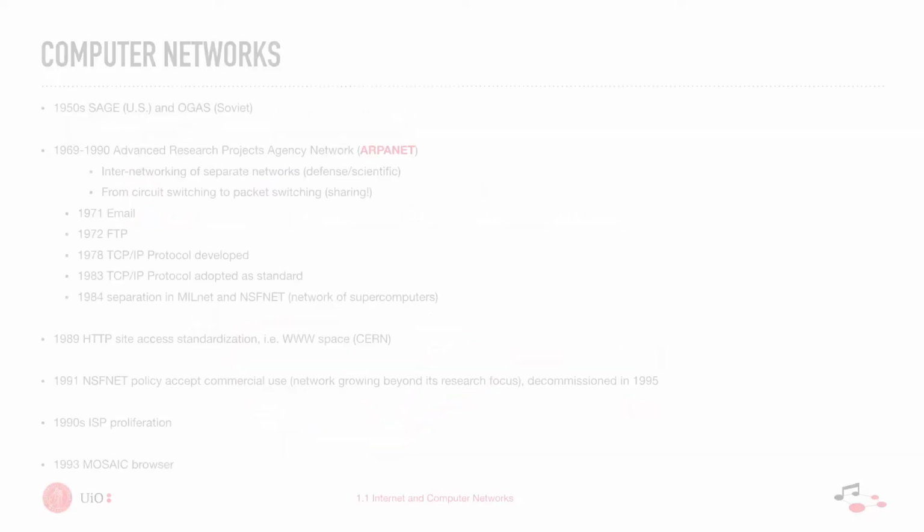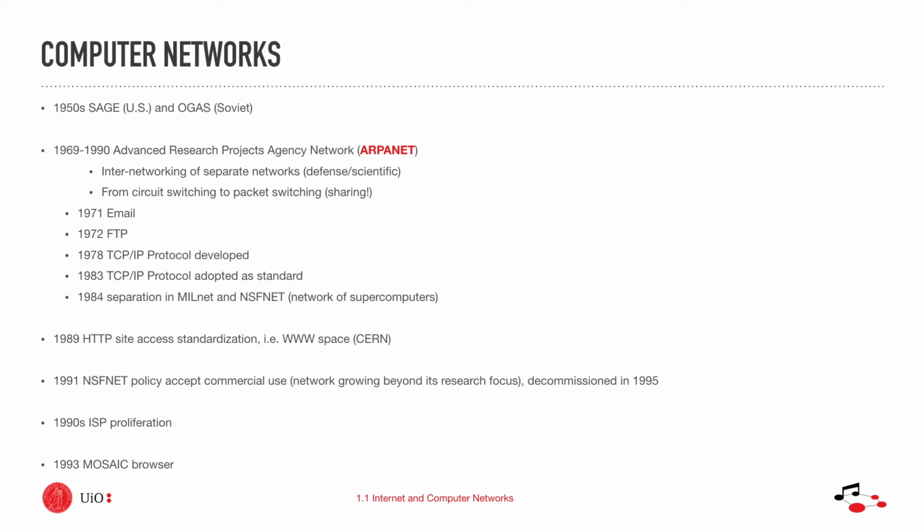Here are milestones in the development of computer networks that led to the modern internet. SAGE and OGAS can be considered products of the Cold War. Indeed, they were meant to interconnect computer networks within the defense systems of the United States and the Soviet Union.